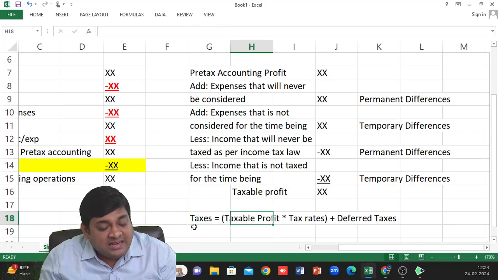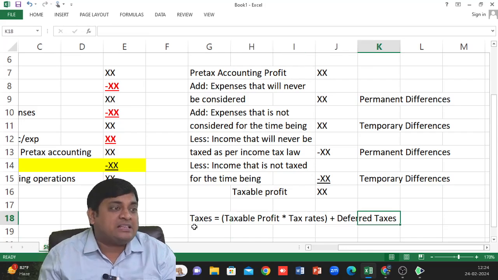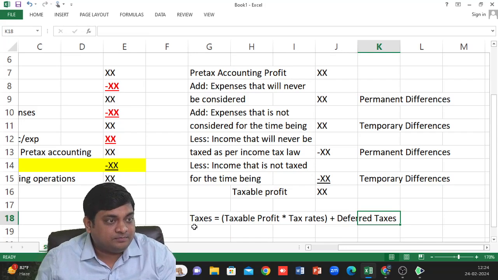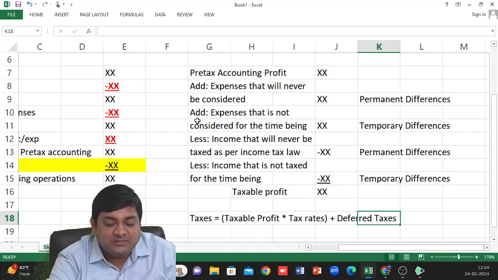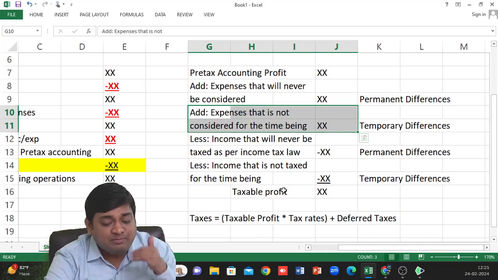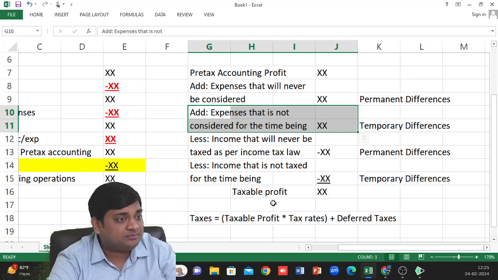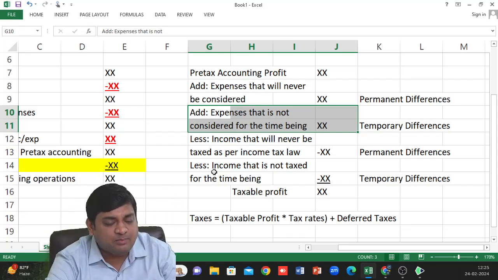So this is current tax payable and this is future tax liability or asset. Suppose there is an expense which is not considered for the time being. Due to this expense, my current year taxable profit is high. I have increased my taxable profit.